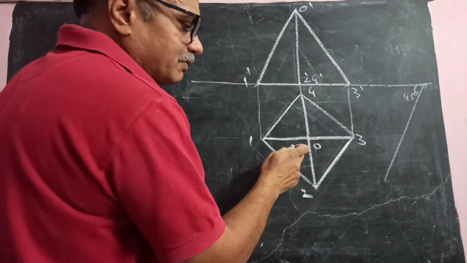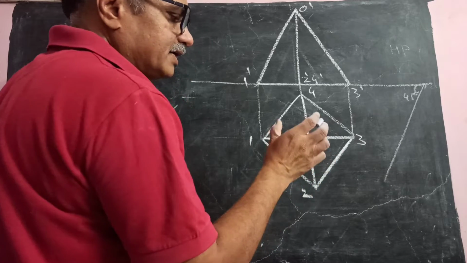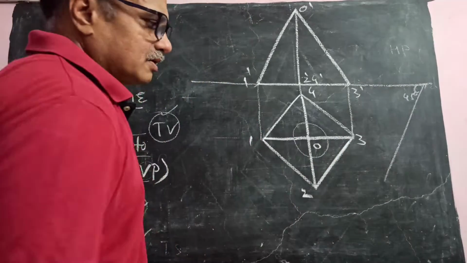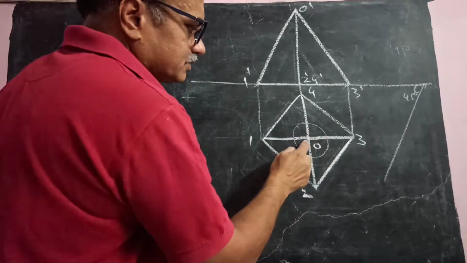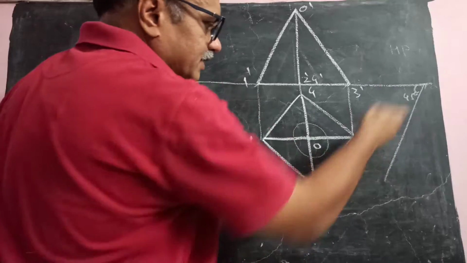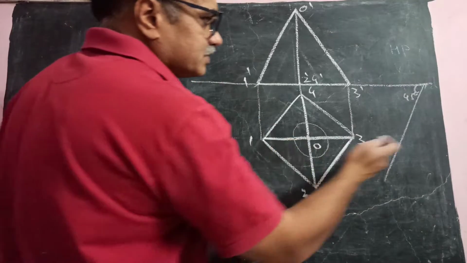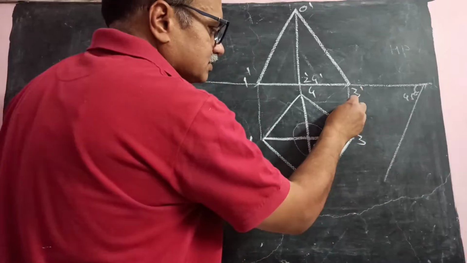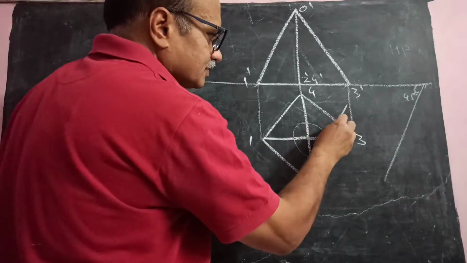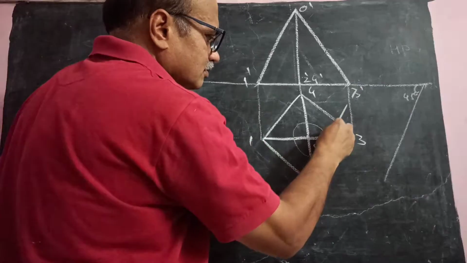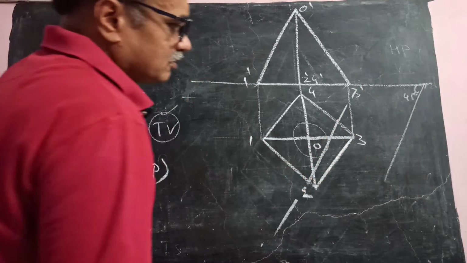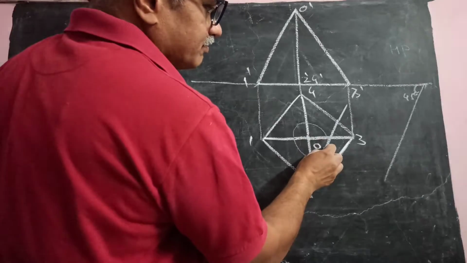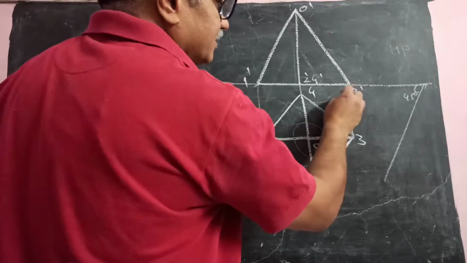Now it is 10 mm away from the axis, so take 10 mm in your compass and draw a circle here. This must be 10 mm because the line is 45 degrees inclined and 10 mm away from the axis. So with the help of the roller scale, draw a line parallel to this, touching this circle. So you find this distance as 10 mm, 45 degrees inclined.